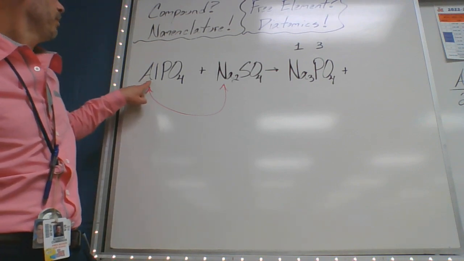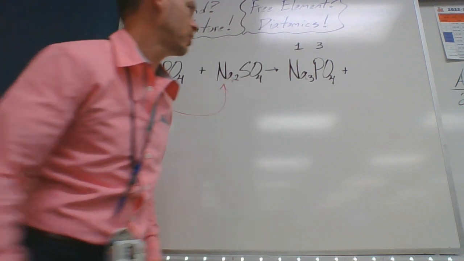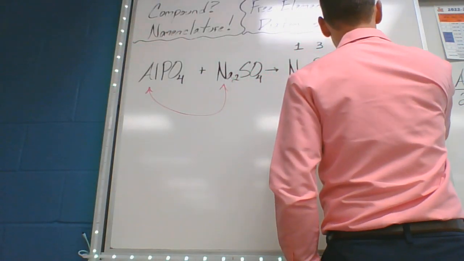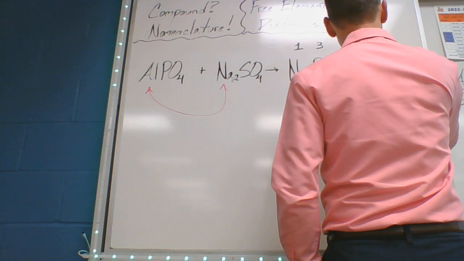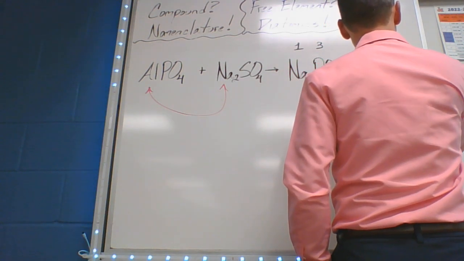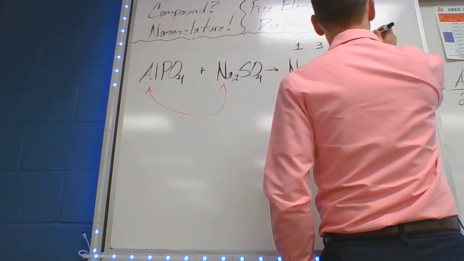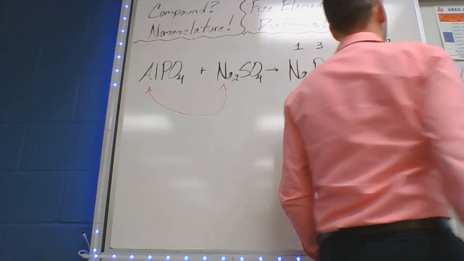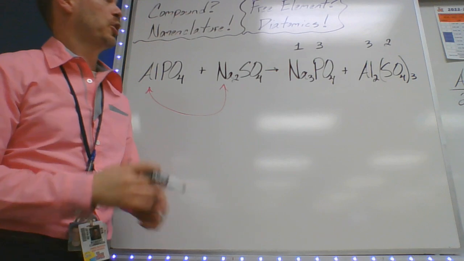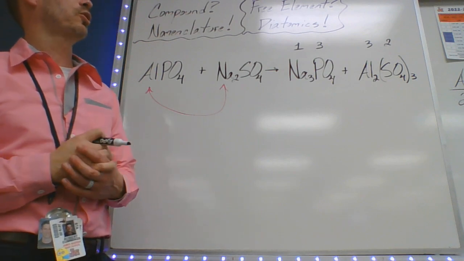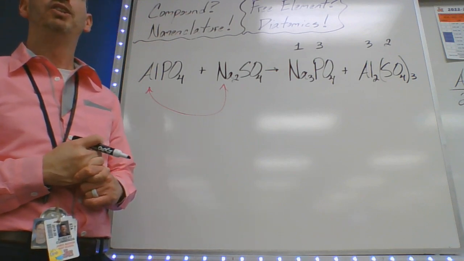We want aluminum to come over here and bond with sulfate. The charges, oxidation states, are +3 -2, so again, I've already done the cross.